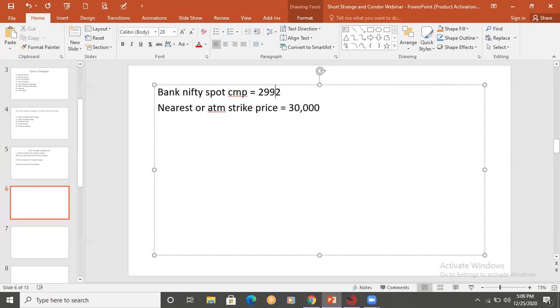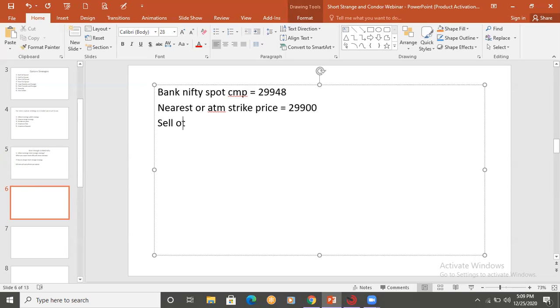So let's say, for example, Bank Nifty spot is currently trading at 29,948. Here I can take the ATM strike as 29,900. So let's keep this number now: Bank Nifty spot 29,948, and the nearest, or ATM, strike is 29,900.